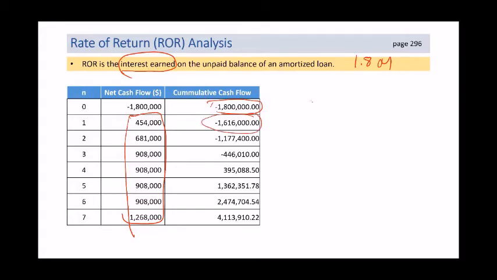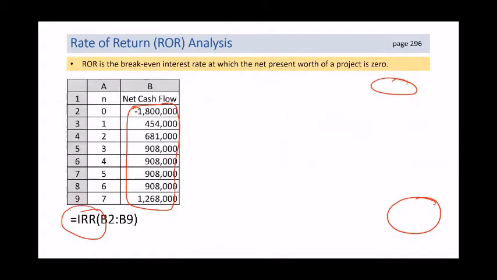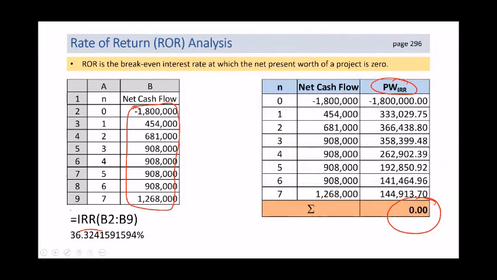That's why it is called internal. Internally we get the benefit out of that unpaid balance. That's why it is called internal rate of return. The function in Microsoft Excel is IRR. You can try that in your analysis, in your assignment.